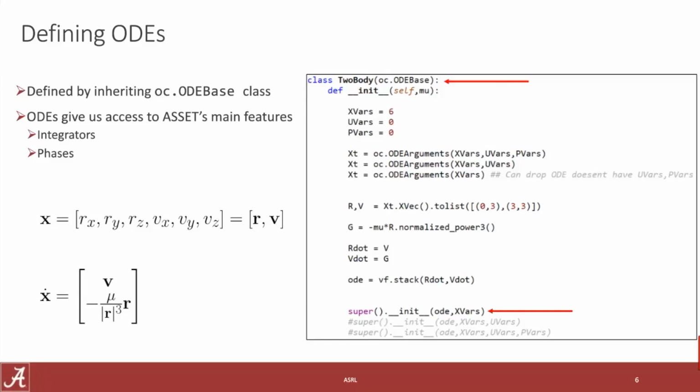If you have, say, one ODE that's just the 2-body model, so you've got 6 states, time is going to be XT index 6. But if you then create a separate one that's a 2-body with mass, and you create mass as a state variable, now states are size 7. So index 6 is now your mass, and time will have been allocated to index 7.